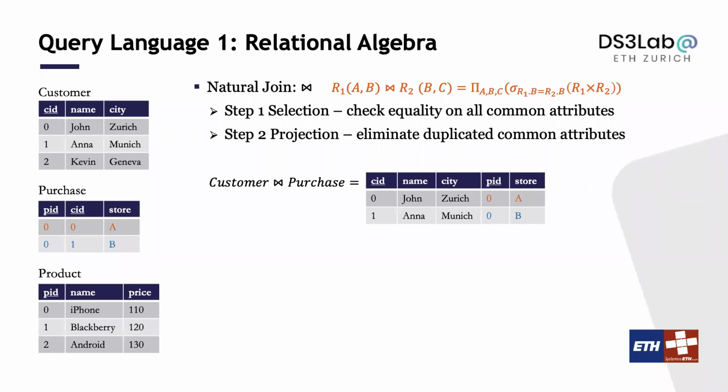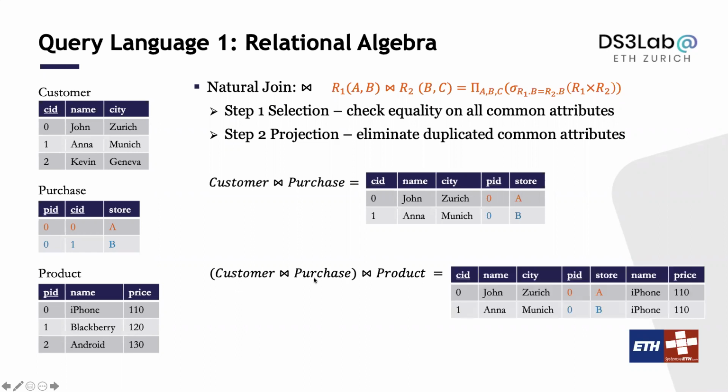Then you can put a whole bunch of natural joins together. If I have another product table containing the detailed information of each product, you can do a natural join like this, and you are going to get something like this. Essentially, for every single PID, you are going to get the detailed information from product by matching their PID in the product table.